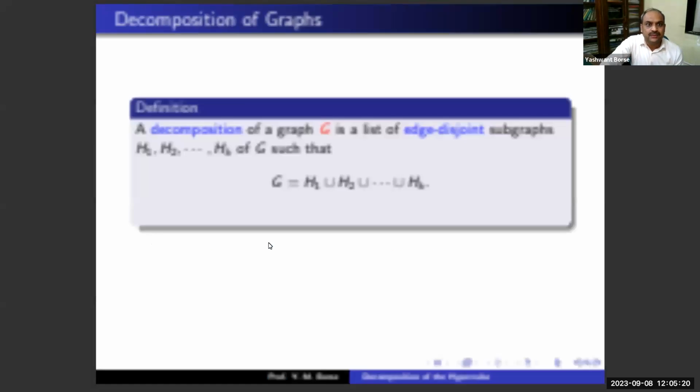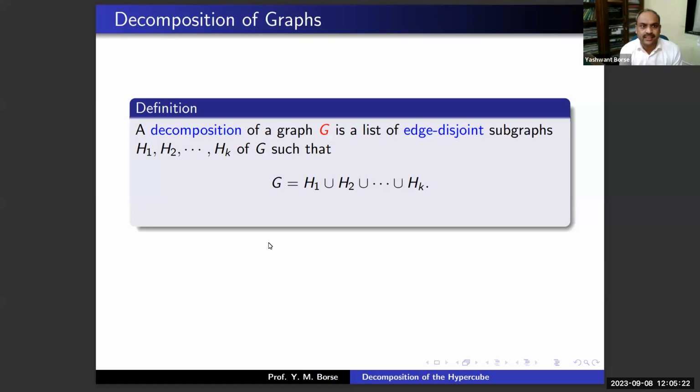Okay, so decomposition. A decomposition of a graph G is a list of edge disjoint subgraphs H1, H2, say up to Hk of G, such that the union of these subgraphs is equal to G. So basically, it is an edge partition of G into subgraphs.